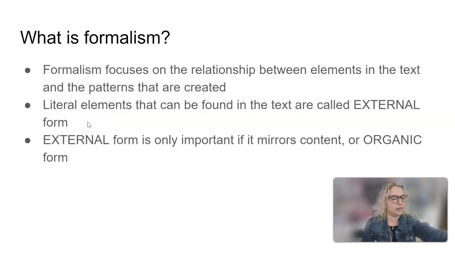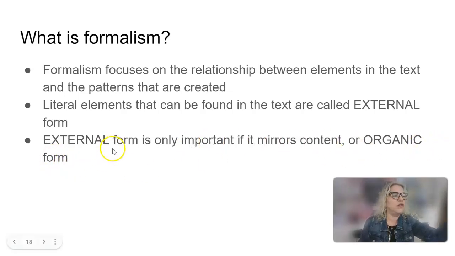Those are all the pieces that we can analyze and pick apart and say, this is something that we see happening in the text. Formalists also use the phrase organic form. Organic form is actually what the piece is about. It's the content of the text. The elements in the text, or external form, are only important if they can be connected to this organic form.